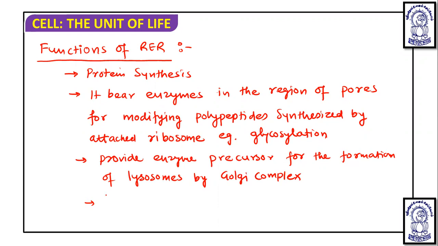And it is known that the smooth endoplasmic reticulum, that is SER, develops from RER, because the RER continues and forms SER toward the plasma membrane.